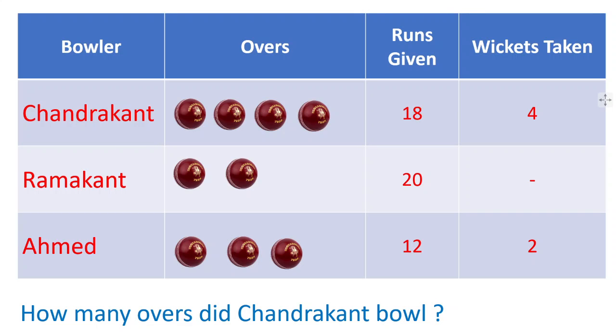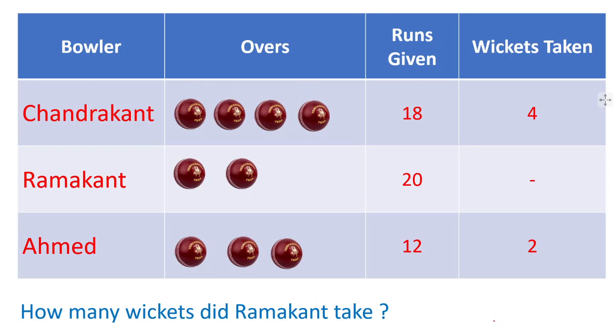Correct. Then another question, how many overs did Chandrakant bowl? That is a question more closely related to our pictograph. Chandrakant is the first person. 1, 2, 3, 4. You will write 4 overs. Right? Then another question can be, how many wickets did Ramakant take? Unfortunately, 0. Nothing.